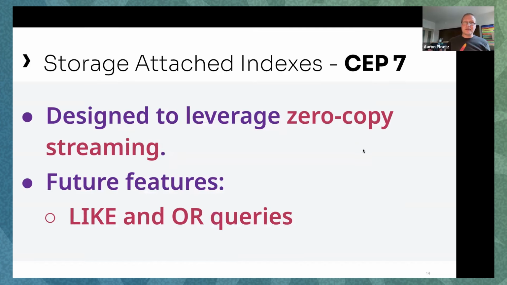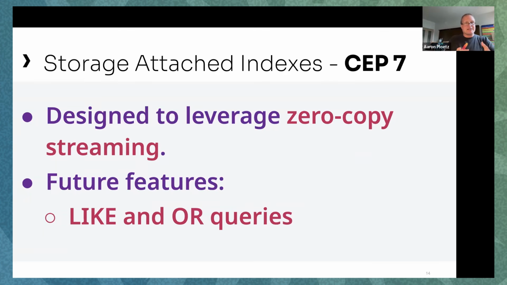All right, the other cool thing about storage attached indexes is they're designed to leverage zero copy streaming. Zero copy streaming is a new streaming paradigm that was introduced in Cassandra 4. The basic idea is it gets us around, when we have new nodes joining, or we have something else that triggers a stream, reading from disk and then doing the serialization process and then sending that data over, because that takes a bit.